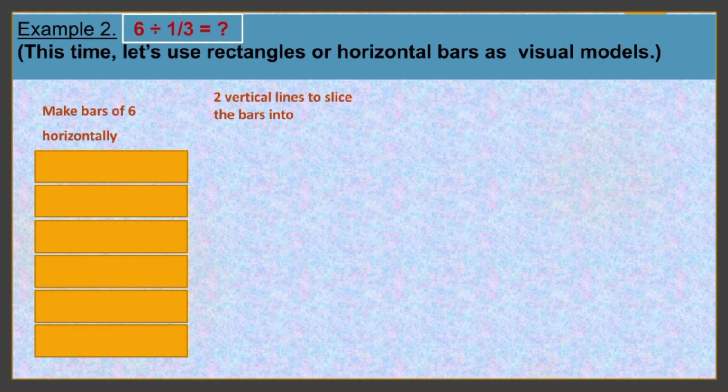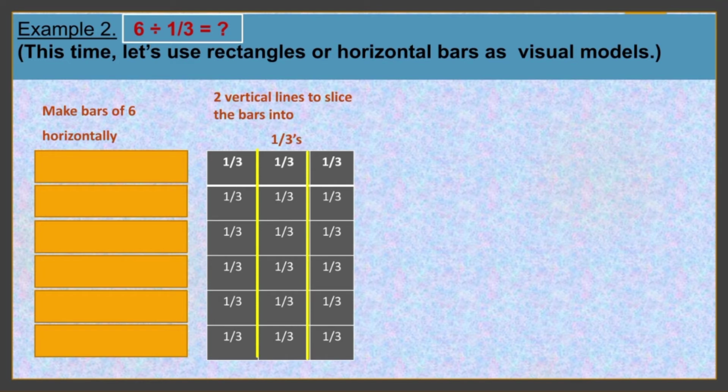Then, we use the second fraction, which has a denominator of 3. We are going to slice the bars into 3 equal parts. There you can see that it has divided the bars into 1/3 parts.